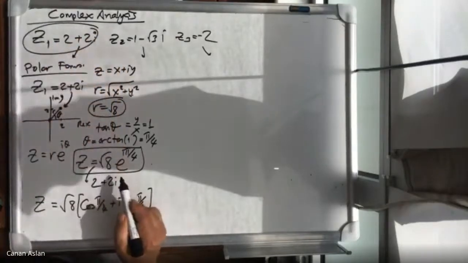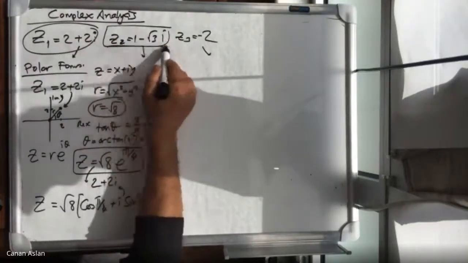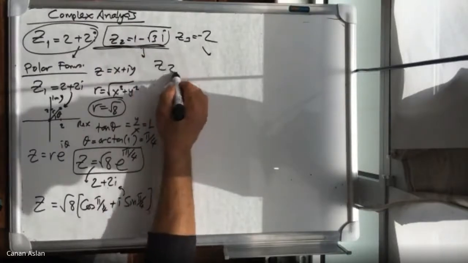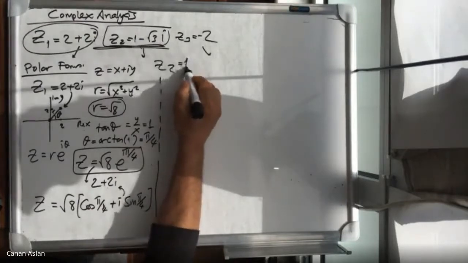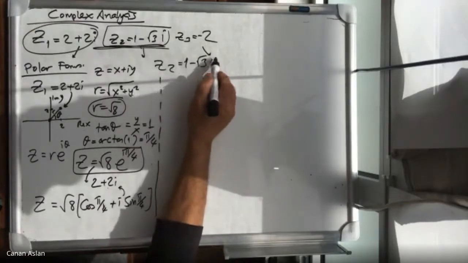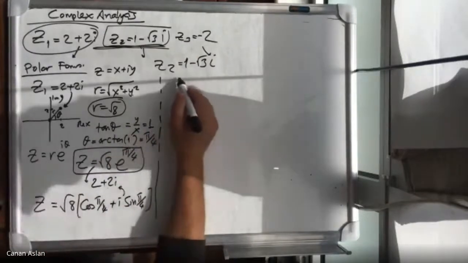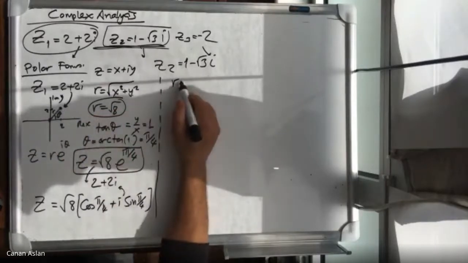Now let's look at Z2. So we finish this part. Z2 is now 1 minus square root of 3i. We would like to get the radius, or just this length.